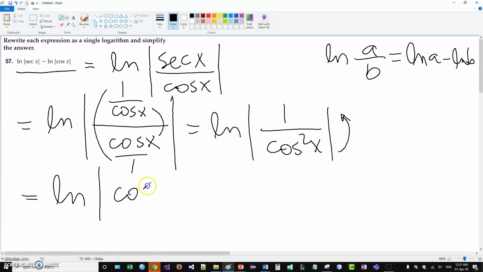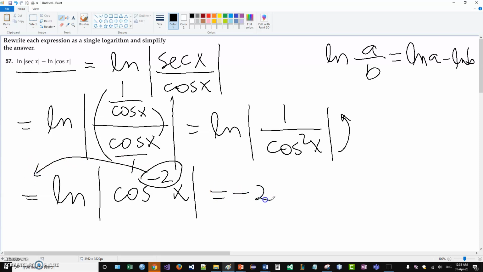So this is cosine to the minus 2 x. Alright, and this minus 2, using the power property of logarithmic functions, we can move it outside. So we'll have minus 2 ln cosine x, and that's our final answer. So this is a single logarithmic function. Okay, pause the video, go over this one more time, and let's move on to the next exercise.